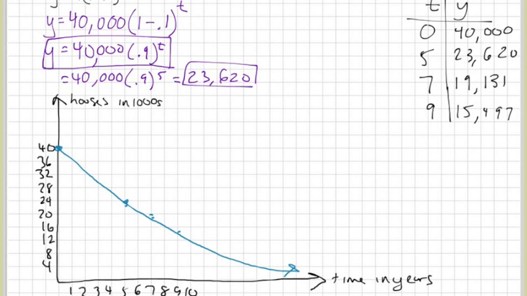We're not seeing a really sharp turn on this one because our base is pretty close to 1. Remember, the closer your base is to 1, it's going to be like a straight line. So with a base of 0.9, that's pretty close to 1, and we're not seeing a sharp turn. And then we must have crossed by that goal of 17,000, kind of between maybe around the 8th year.